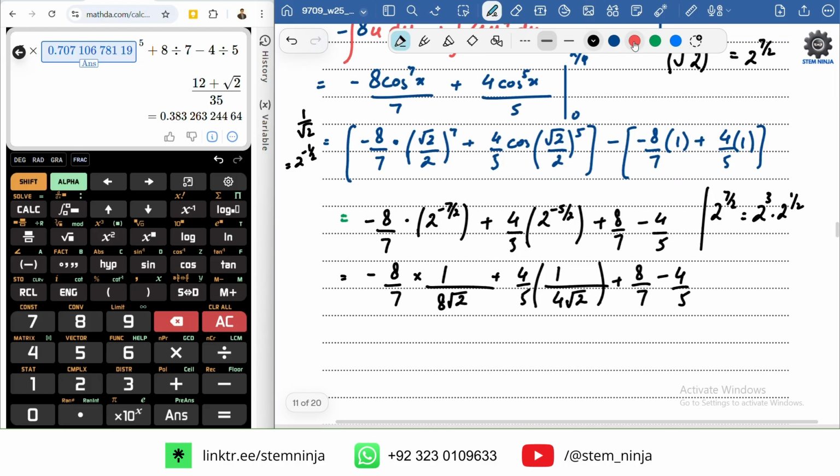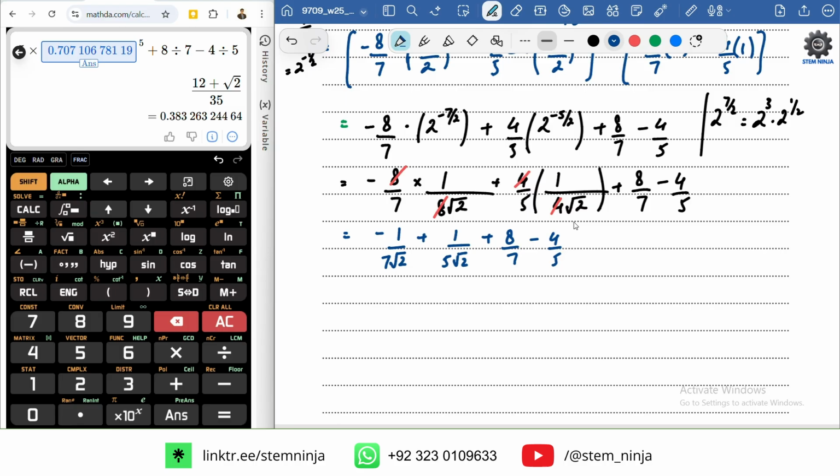Now as you can see, the 8 and 4 and 4 can get cancelled. So you have minus 1 over 7 root 2, plus 1 over 5 root 2, plus 8 over 7 minus 4 over 5.